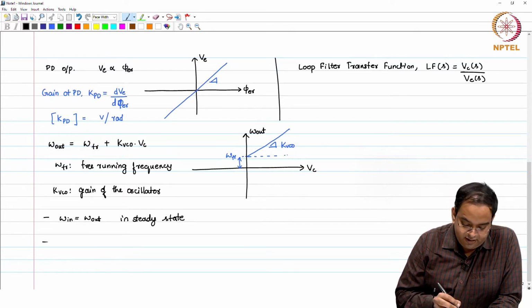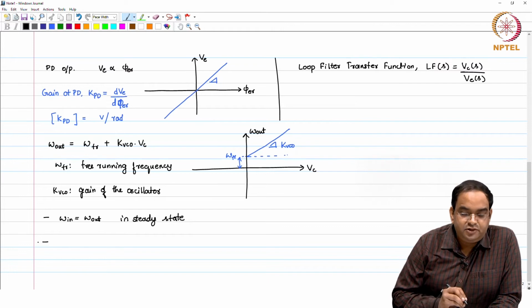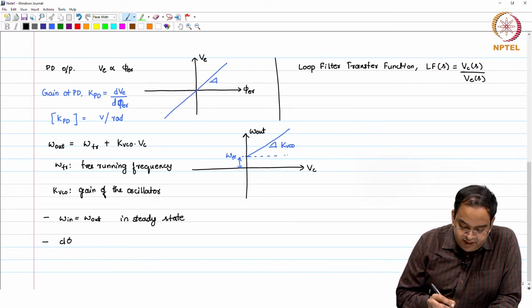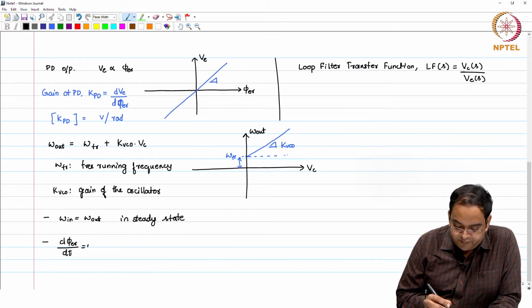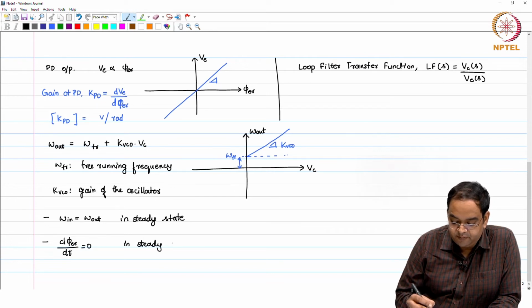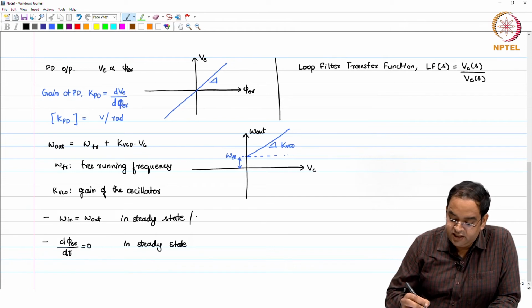And the rate of change of phase error with respect to time will be 0. This is the condition for the steady state, or the locked state, of the PLL.